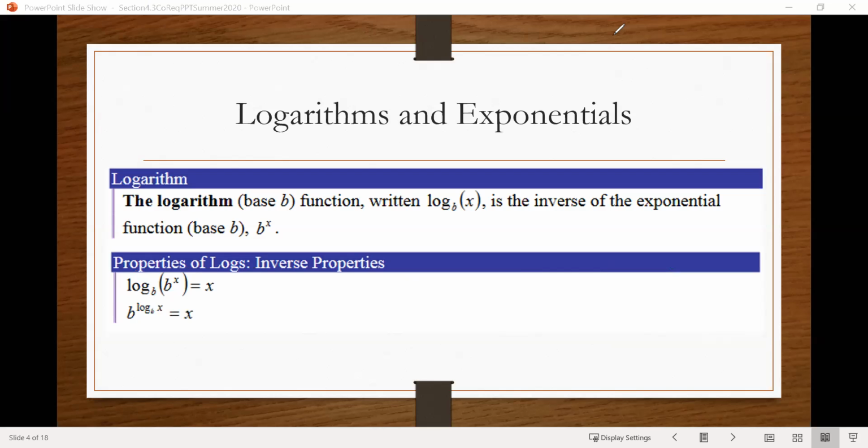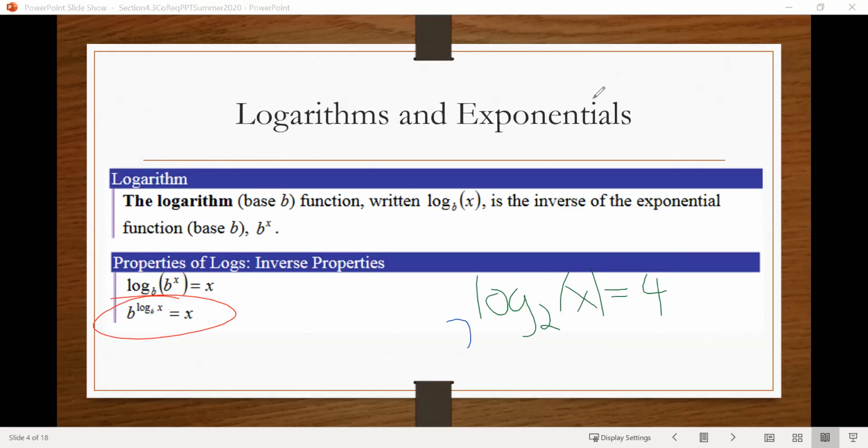We do a similar thing if we were trying to solve something like log base 2 of x equals 4. This one is sometimes a little harder to see, but it says that b to the log base b of x equals x. Exponentials and logs are inverses of each other.